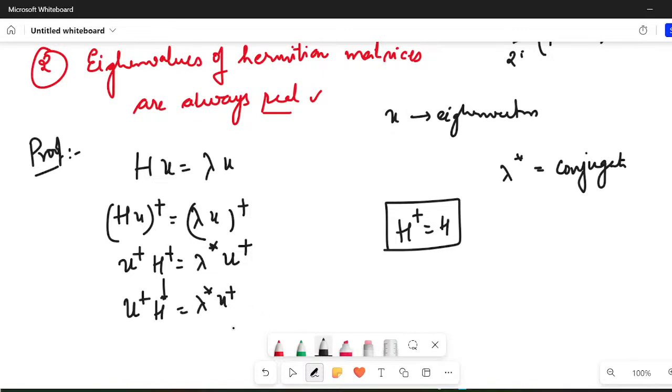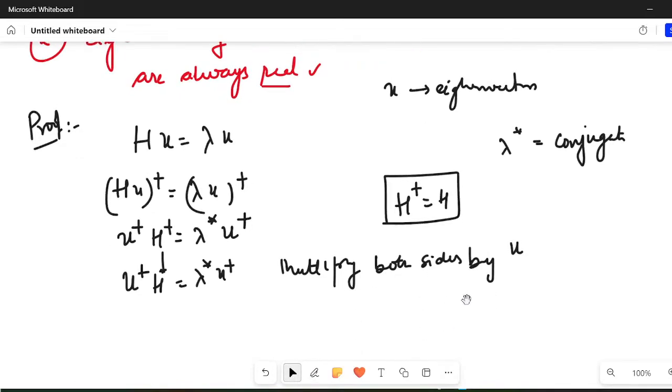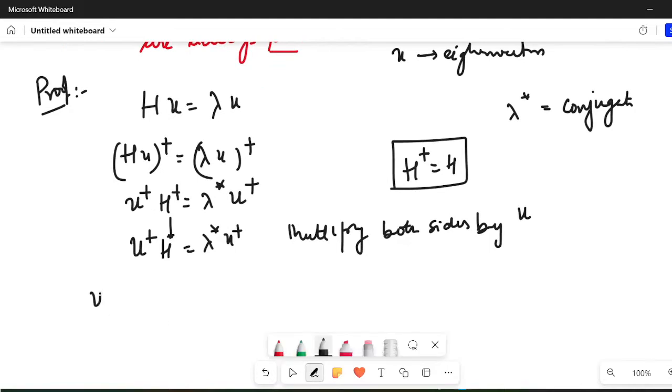Now multiply both sides by the column vector U. What I'll get is U dagger H U = lambda star U dagger U. And always remember, this U dagger U represents the norm of U, so it cannot be 0.